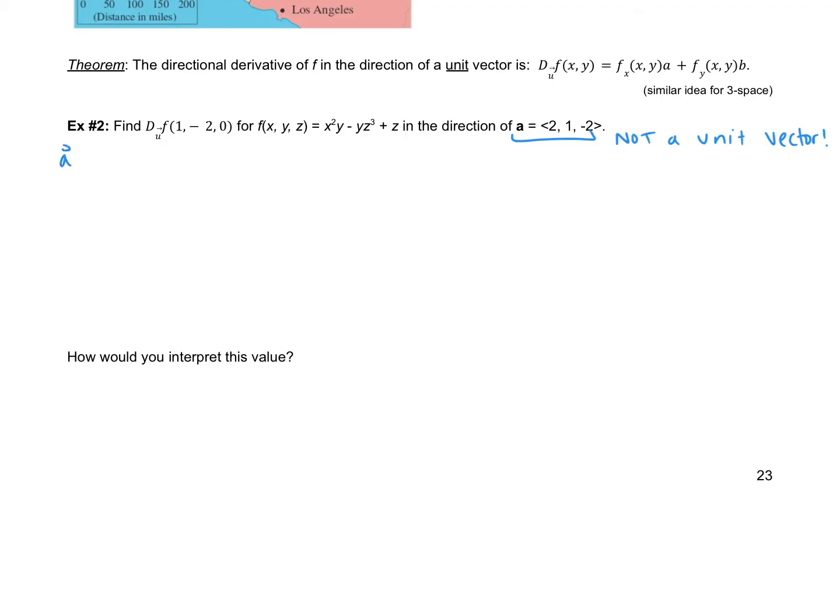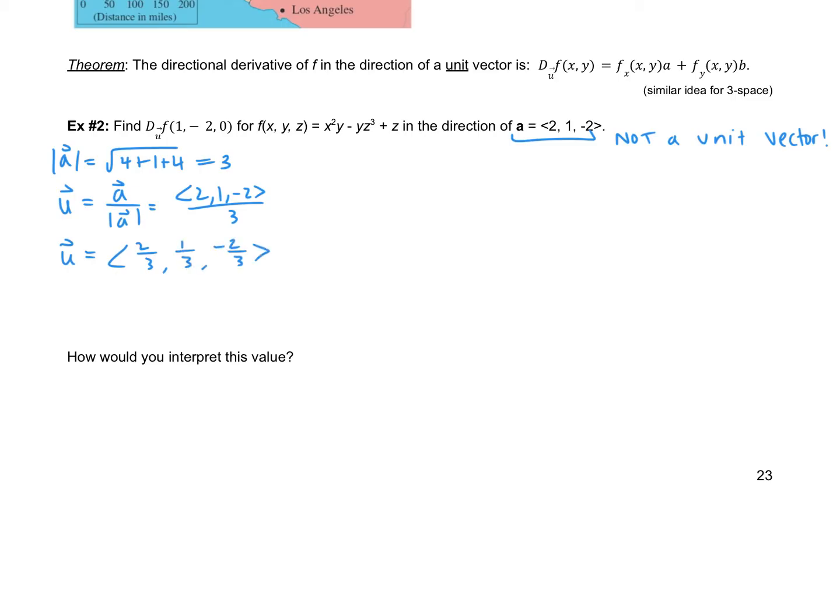So our vector A, the magnitude of A, is the square root of 4 add 1 add 4, which is 3. So our unit vector u is going to be our vector A divided by the magnitude. So that is that 2, 1, negative 2 divided by 3. So our unit vector then is going to be 2/3, 1/3, negative 2/3.